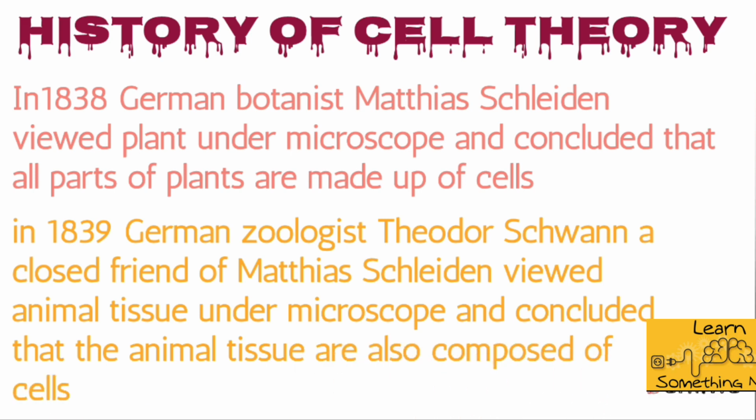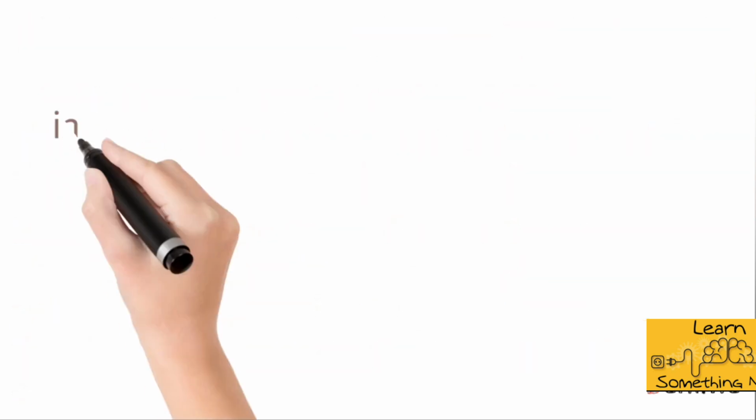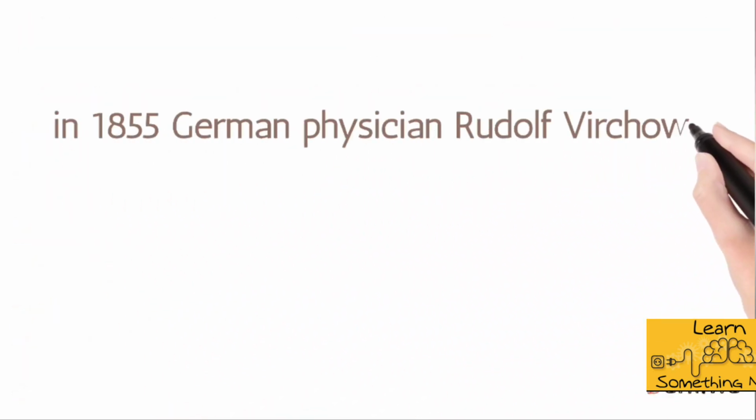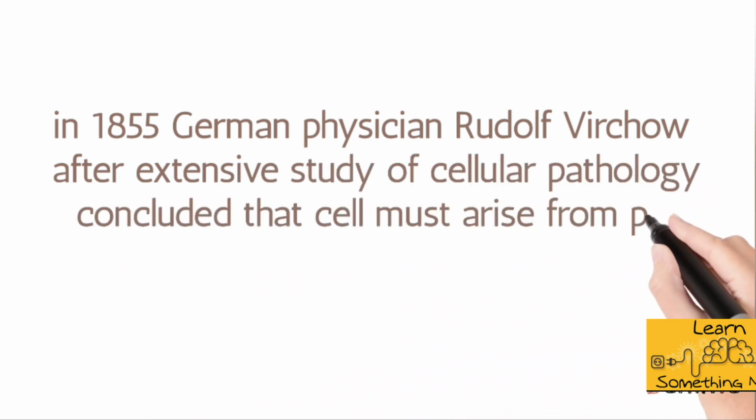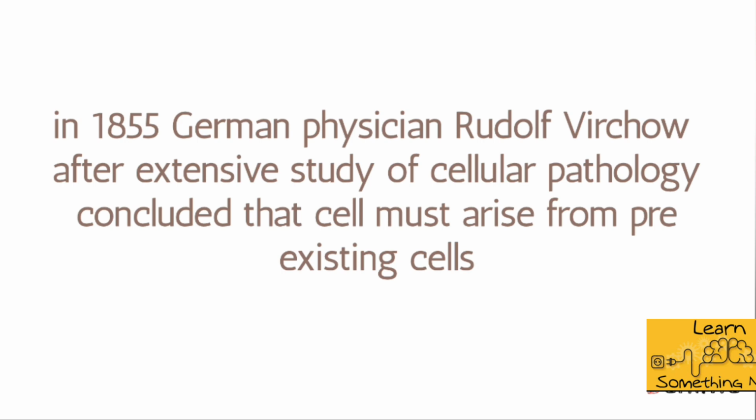Instead of observing the tissues of plants and animals under the microscope, Rudolf Virchow studied cellular pathology and concluded that cells must arise from pre-existing cells. That means the existing cells form the new cells, and this is only possible due to cellular reproduction that we would be discussing in the upcoming videos.